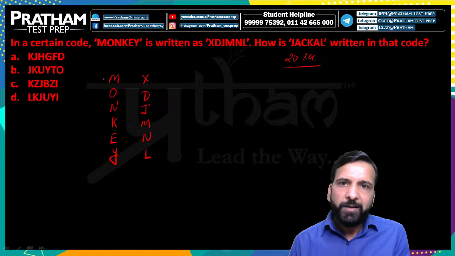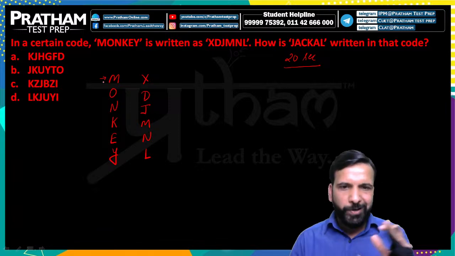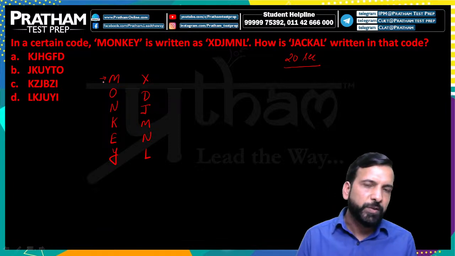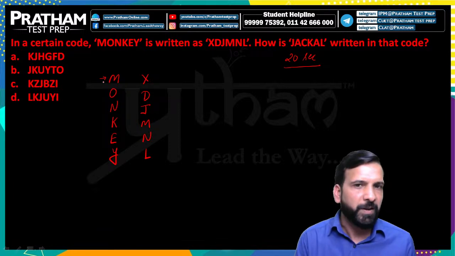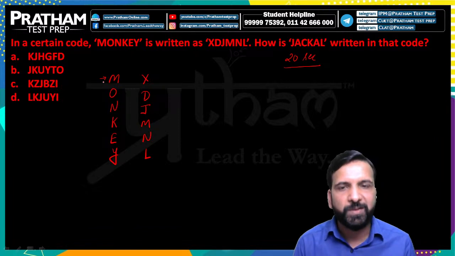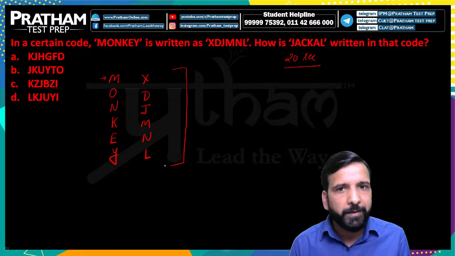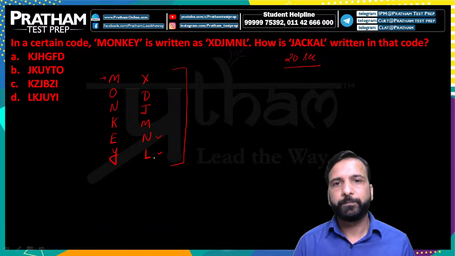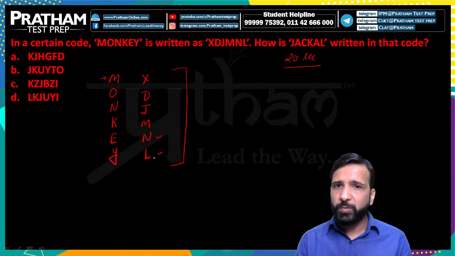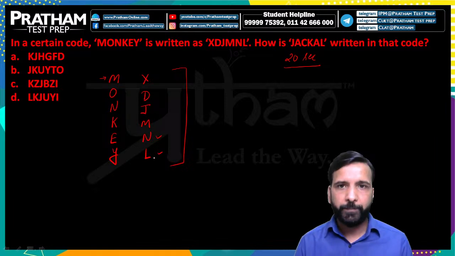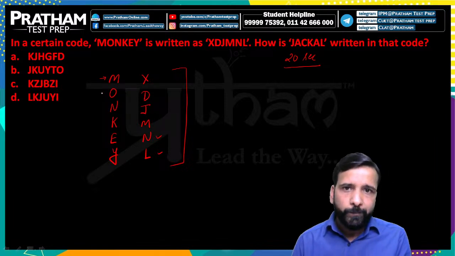Now check, any letter around M, even +1 or -1, in the forward direction +1 -1 and in the backward direction +1 -1. Do you see any letter here? Yes, N and L. Two letters are there. N is +1, L is -1. Now what about O?